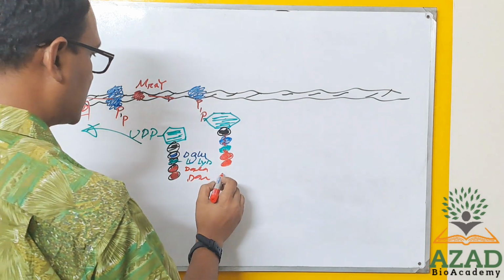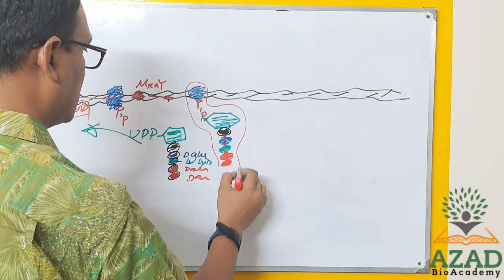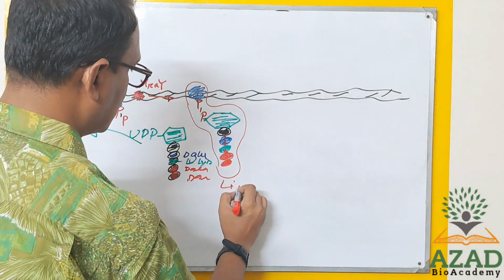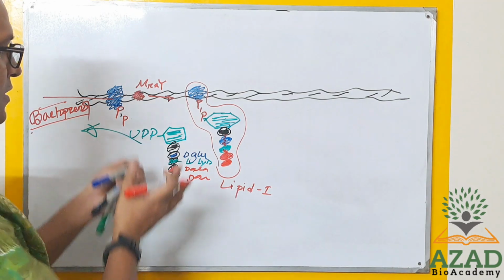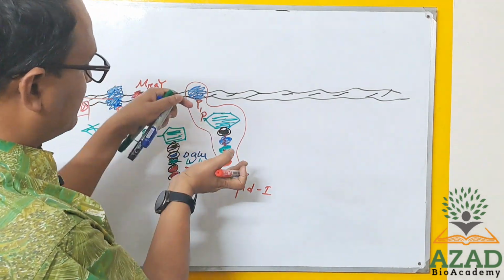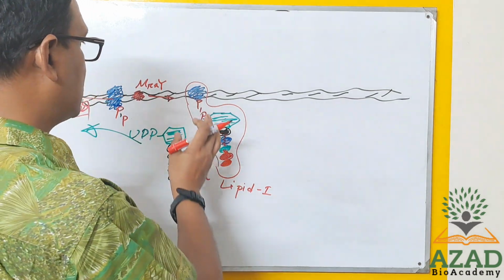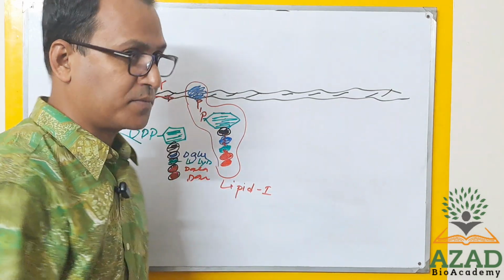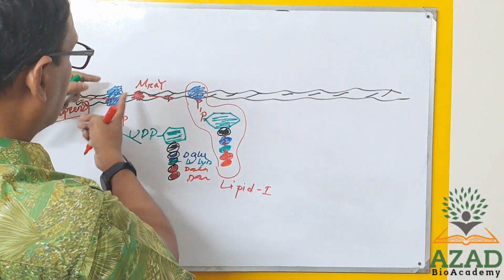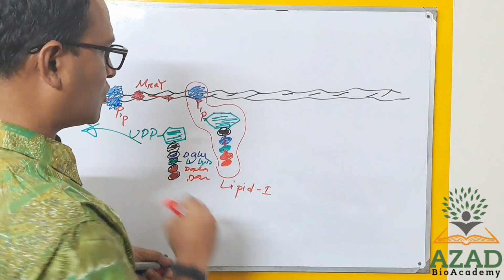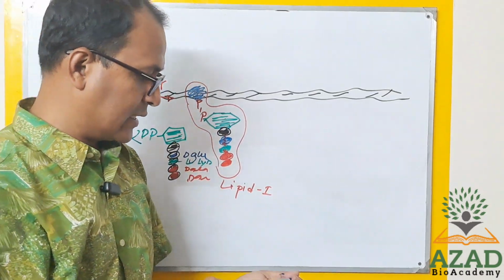Okay, so this is called lipid I. Lipid I means that the pentapeptide-containing N-acetyl muramic acid is completely attached to the bactoprenol by two phosphates. Initially, the bactoprenol was carrying one phosphate, and now it is in that form.